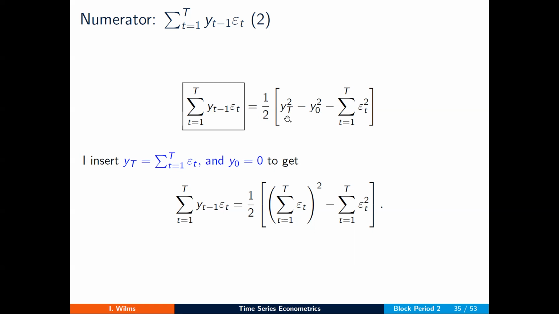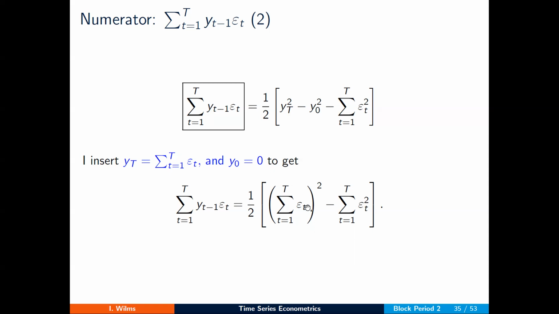How can we rewrite y_T squared as a partial sum of the errors? Well, remember, under the DGP, again, given in blue, we can rewrite any value of y, so also y at time point capital T, as the sum of the errors from t equals 1 up until that same time point, again capital T in this case.